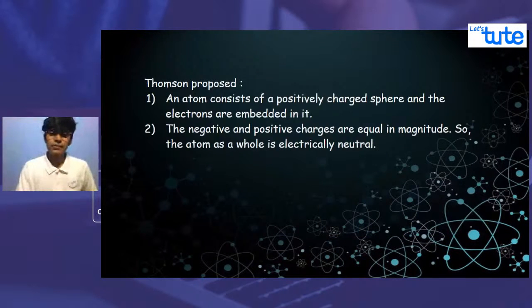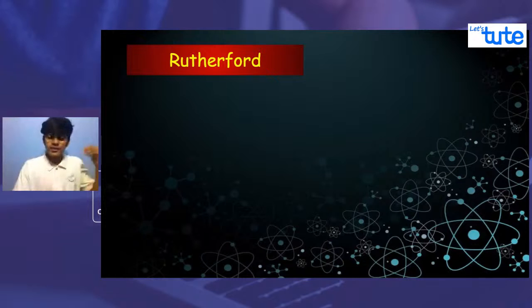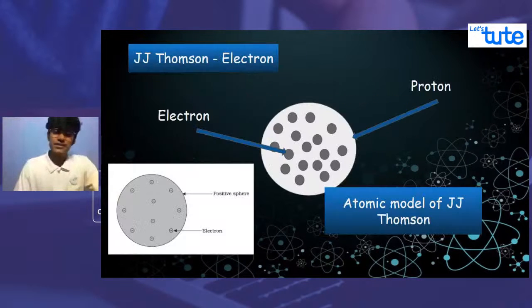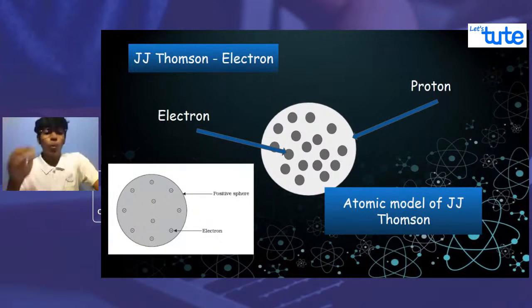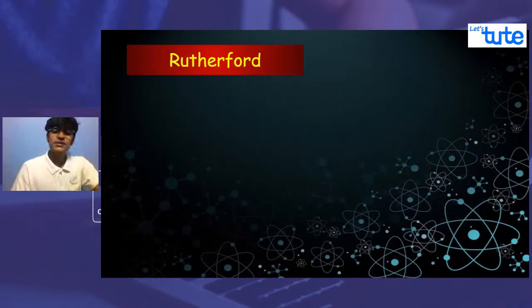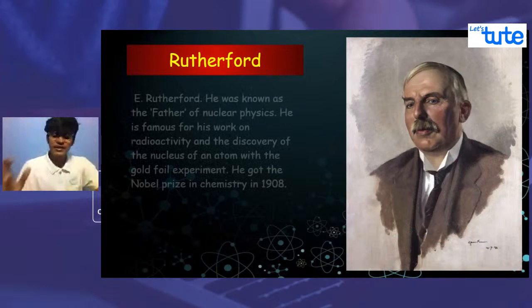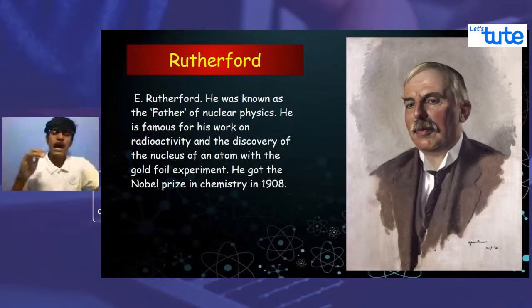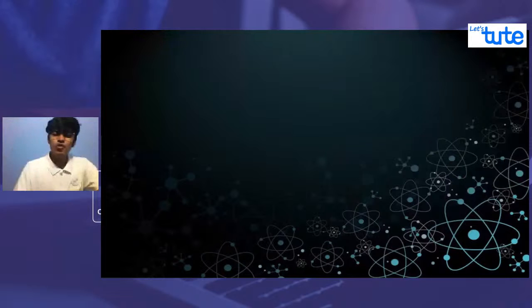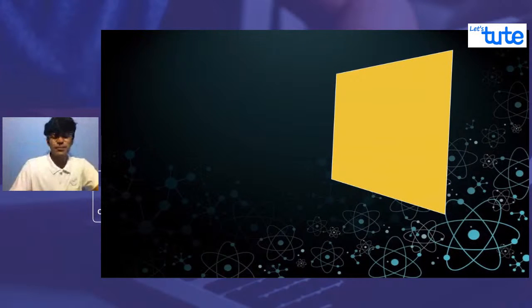Next, J.J. Thomson wasn't able to explain a few of the experimental results, because a very interesting thing was found: most of the alpha particles passed straight through the gold foil. So what was the gold foil experiment, or the scattering experiment, which was performed by Ernest Rutherford?